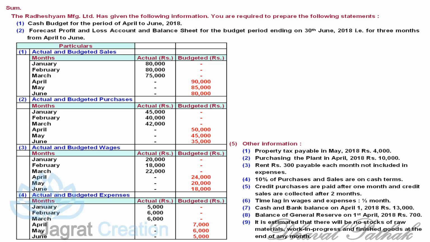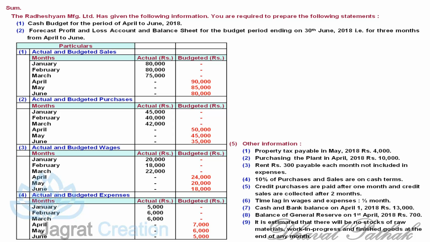Now we are preparing this budget on 1st of April 2018. So April, May and June are the period in future. For that, estimates about sales, estimates for purchases, estimates for wages and estimates for expenses are given to you.